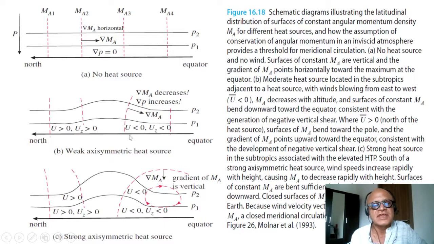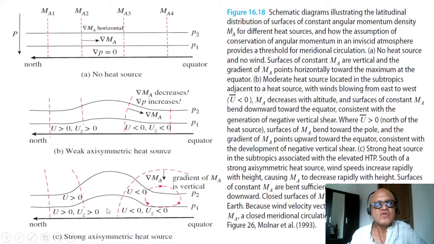At the surface you set u equal to 0, but as you go above from the equator towards the north, you have convergent flow, so you have thermal wind on this side having negative u_z, whereas on the northern side of the heating you're going to have the regular temperature gradient and the vertical shear increasing with latitude. So essentially we're going to get an easterly jet on this side and a westerly jet on this side.